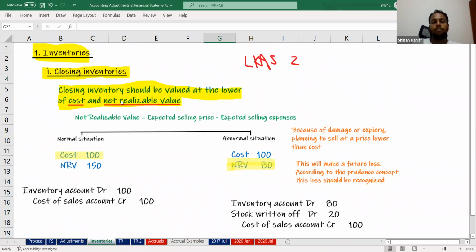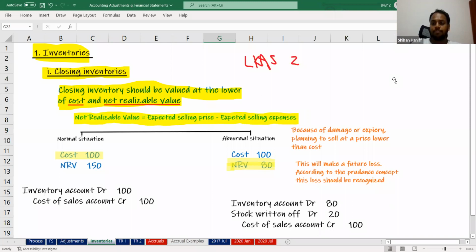We need to value the closing inventory at the lowest value of cost and net realizable value. So what do you mean by net realizable value? This is the equation: net realizable value equals expected selling price minus expected selling expense.